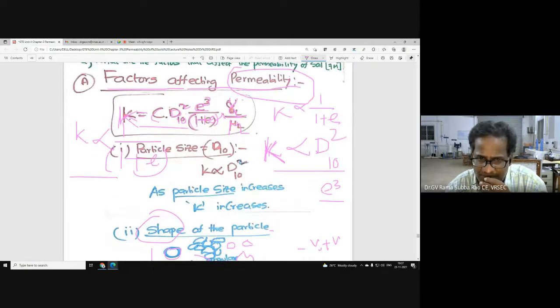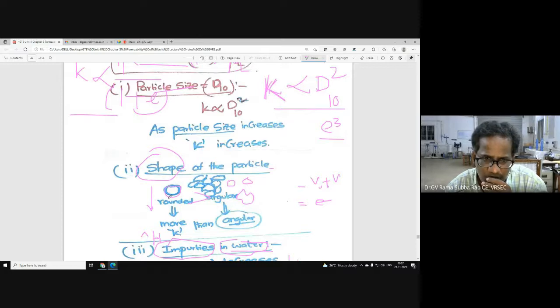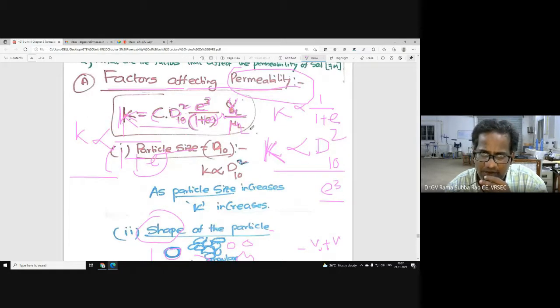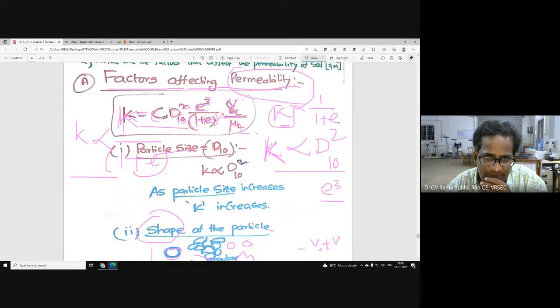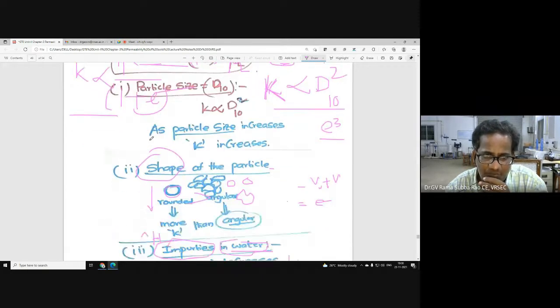Let me recollect some of the factors. One of the major factors influencing permeability is undoubtedly particle size and shape of the particle. I told you rounded particles have more permeability. Then void ratio: as the void ratio increases, permeability increases. But one thing is very sure, as the volume increases, permeability decreases. That's why e cubed by 1 plus e. And the shape of the particle; actually C is the shape factor. One more thing is impurities.